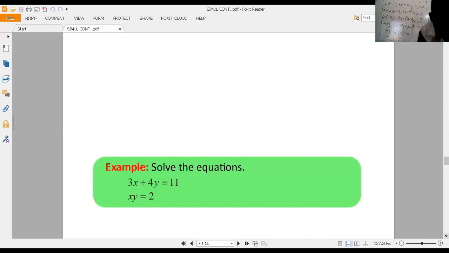Okay, y is equals to 2, that's beautiful. What is the matter? Okay, y 3 over 4. Beautiful, that's beautiful of you.